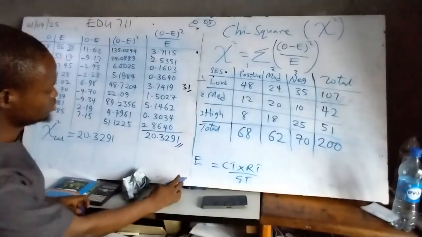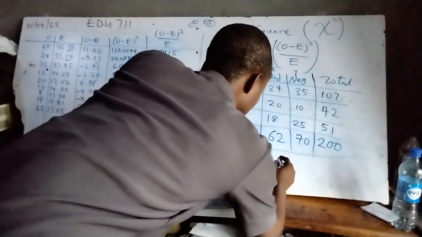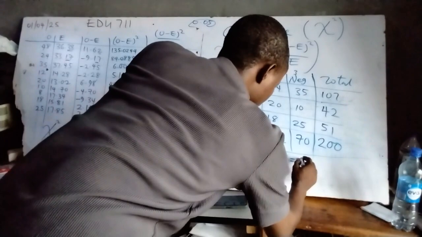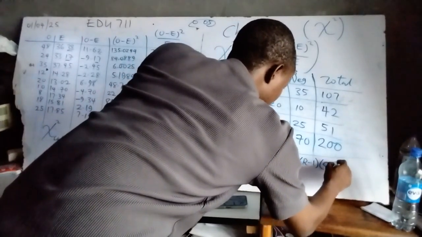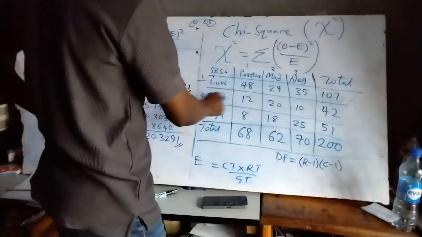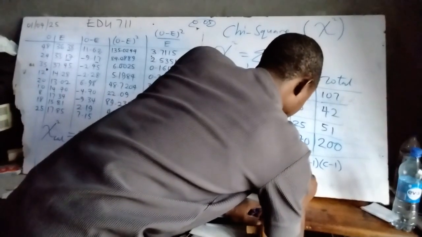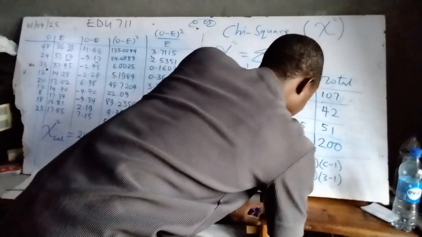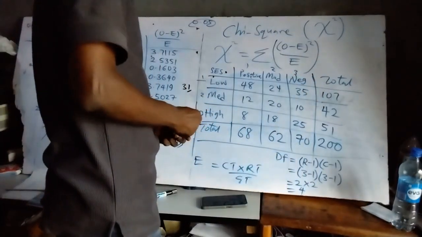Then our degree of freedom is equal to row minus 1 multiplied by column minus 1. How many rows do we have? 1, 2, 3. How many columns? 1, 2, 3. So that is 3 minus 1 multiplied by 3 minus 1, which is 2 times 2, equal to 4. So our degree of freedom is 4.